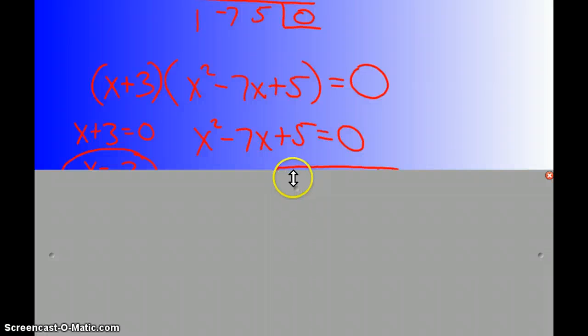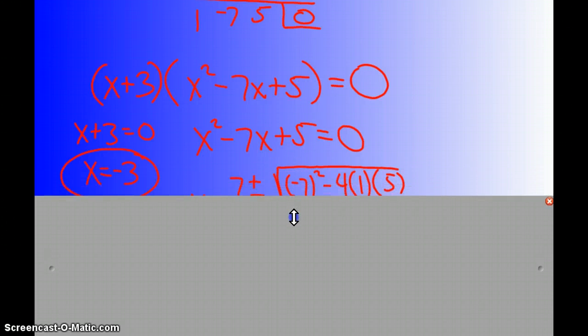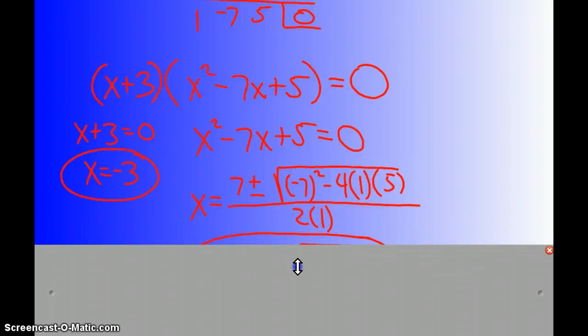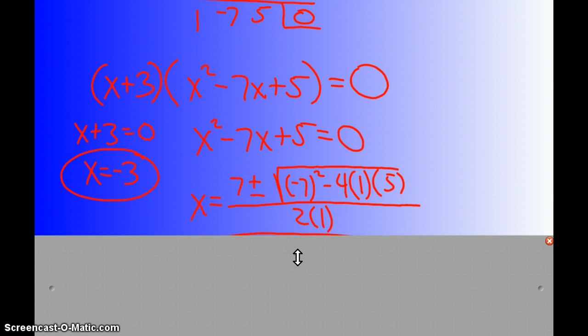x plus 3 equals 0 gets us our original solution that was given to us of x equals -3. Because x squared minus 7x plus 5 can't be factored, I go ahead and plug into my quadratic formula. x equals negative b plus or minus the square root of b squared minus 4ac, divided by 2a.